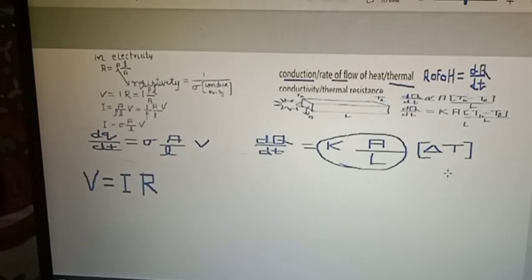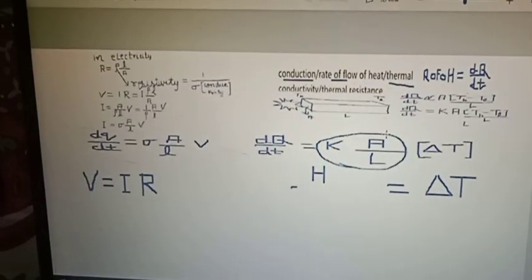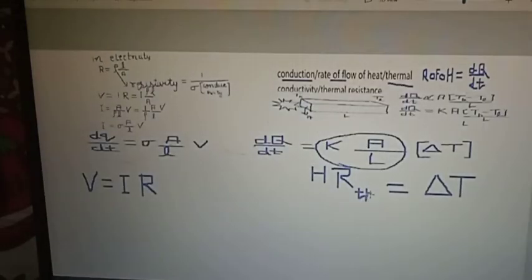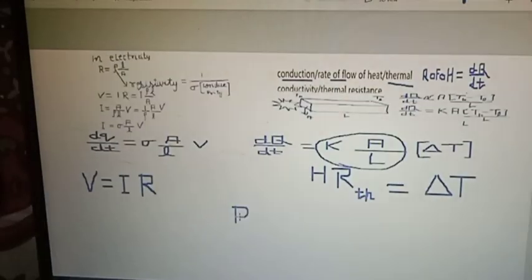We know now that the temperature difference plays the same role as potential difference does in electricity, and the rate of flow of heat plays the same role in thermal physics as current does in electricity. So here, instead of dq by dt, I'm writing H as the rate of flow of heat.